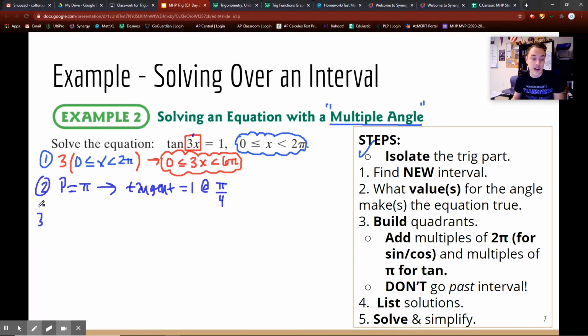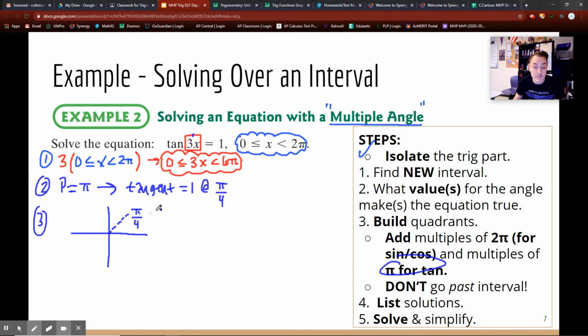Now I'm going to go to my third step, and it's going to be build quadrants. So I'm going to build my quadrant, and I'm going to start with pi all over 4. And I know pi over 4 is right there. Now, I'm going to be adding multiples of 2 pi if it's sine or cosine, or adding multiples of pi for tangent. So I'm going to be adding multiples of pi.